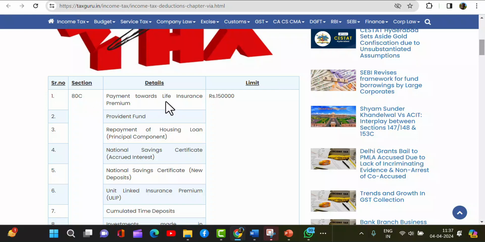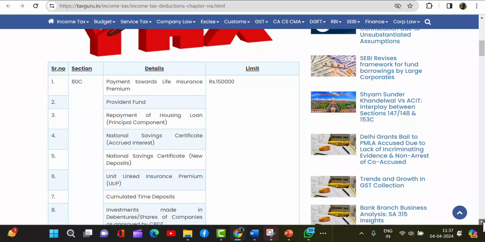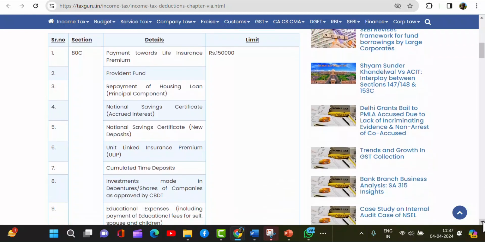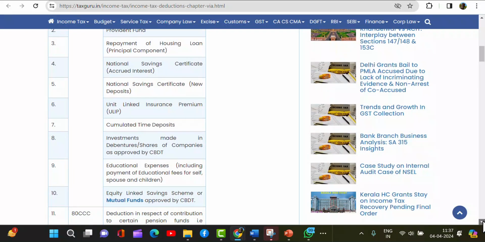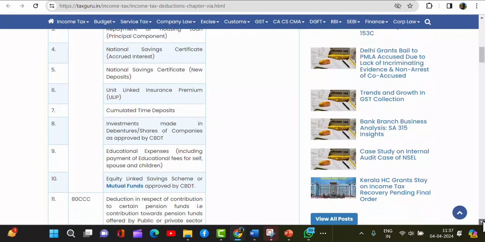Payment towards life insurance premium, provident fund, repayment of housing loan, national savings certificate, ULIP plans, accumulated time deposits, investments made in debentures, shares of companies, educational expenses, then equity linked savings schemes or mutual fund approved by CBDT.